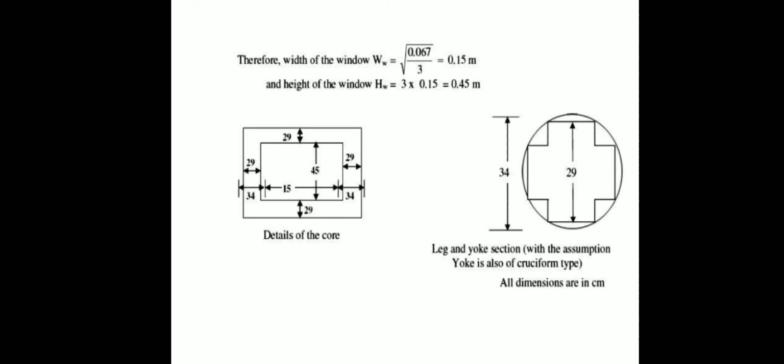Therefore, width of the window WW is equal to root under 0.067 upon 3, which is equal to 0.15 meter. And height of the window HW is equal to 3 into 0.15, which is equal to 0.45 meter.